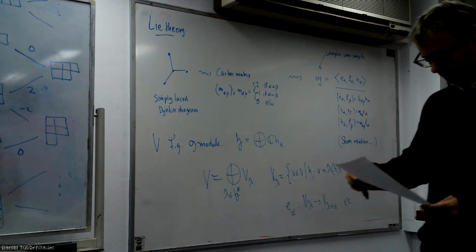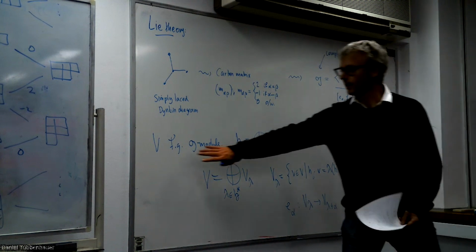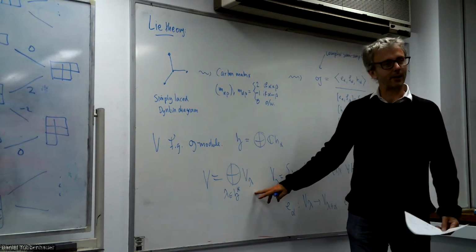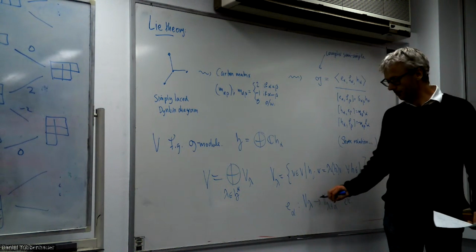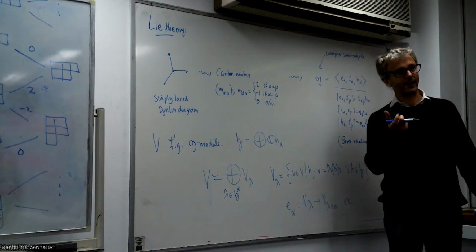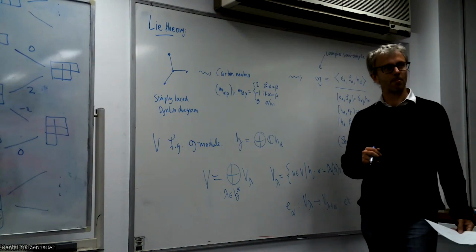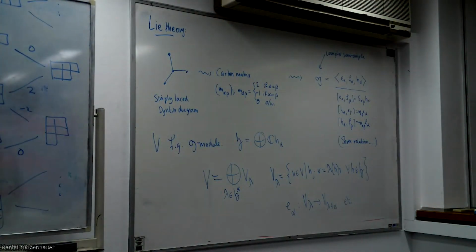Wait, can you just repeat that statement? So I have a finite dimensional vector space. It has a decomposition into weight spaces. And I have operators E alpha and F alpha that satisfy the SL2 relations. Then the Serre relation is automatic. It's only in infinite dimensions that it can fail. Wait, you need the interaction relation, H alpha with E beta. It's not just SL2, right? You really need those three relations.